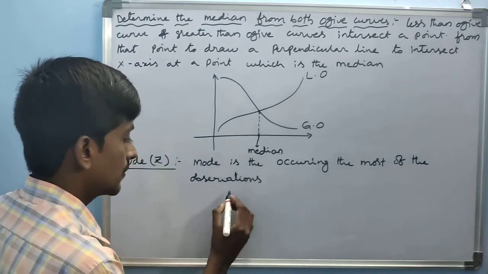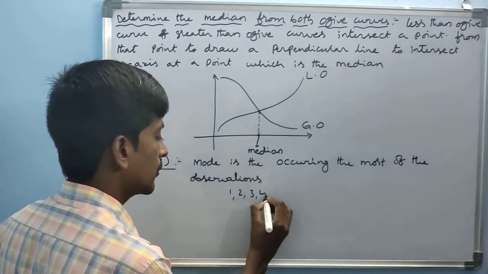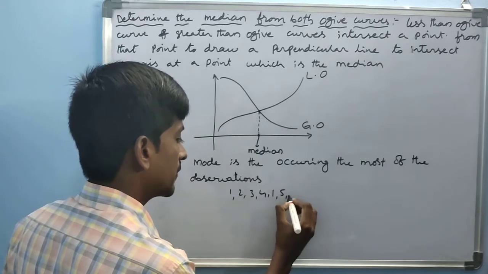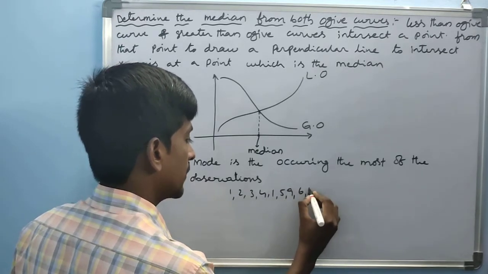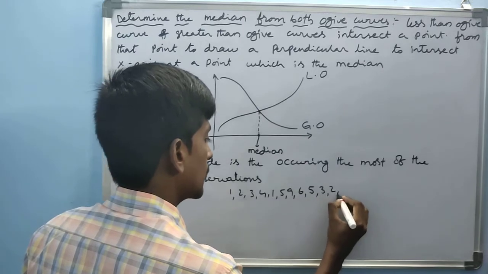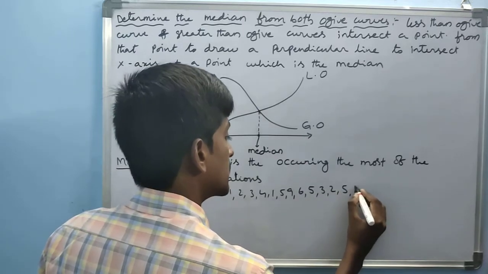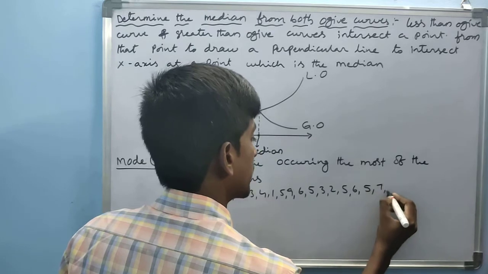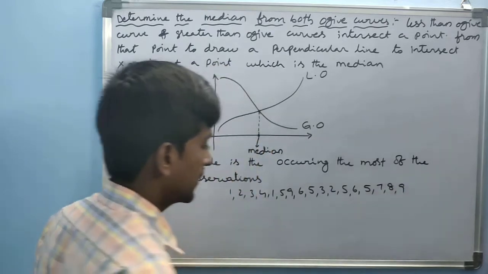For example, 1, 2, 3, 4, 1, 5, 9, 6, 5, 3, 2, 5, 6, 5, 7, 8, 9.